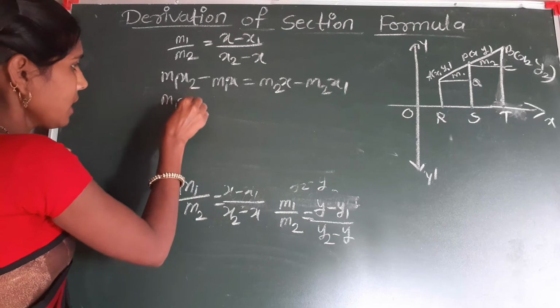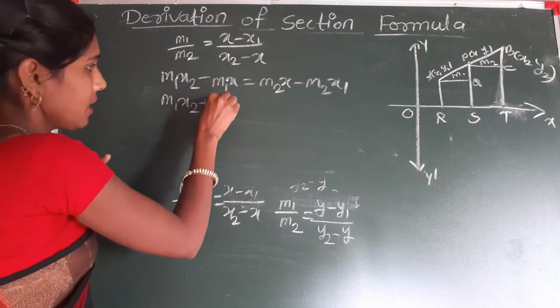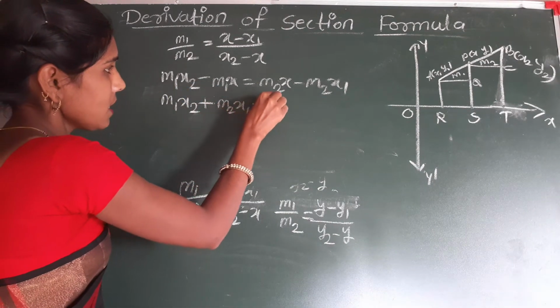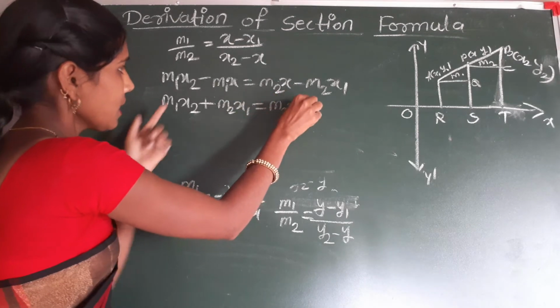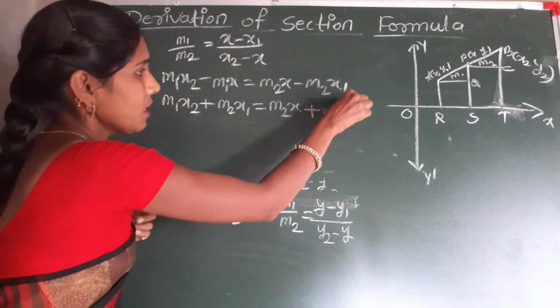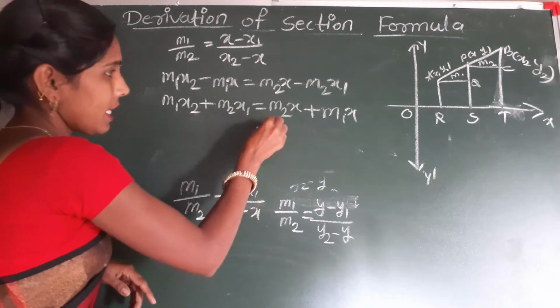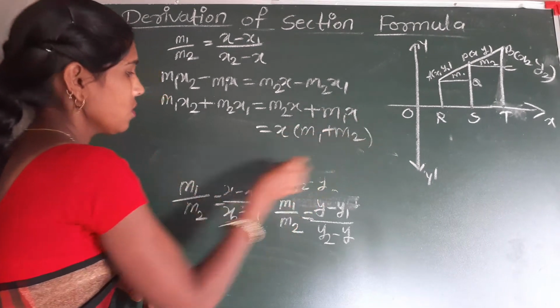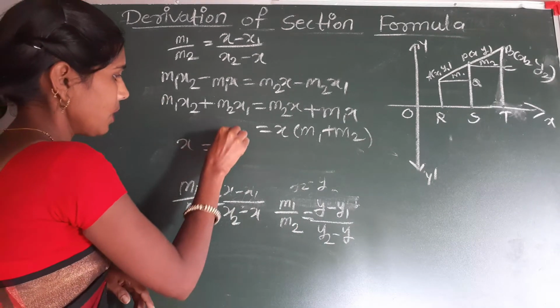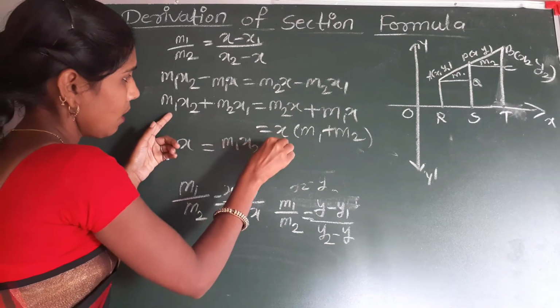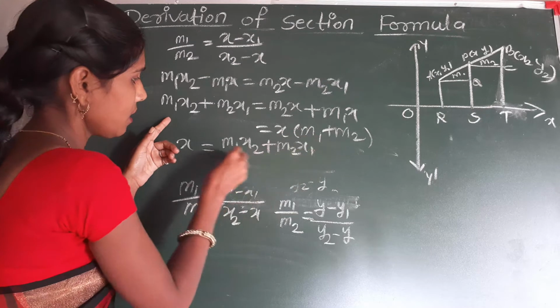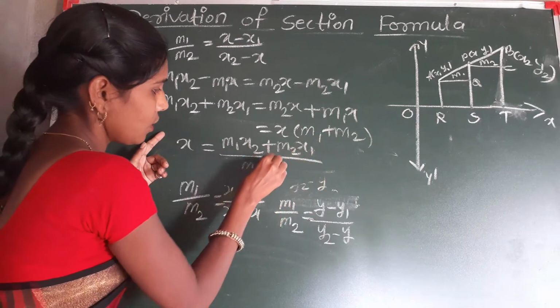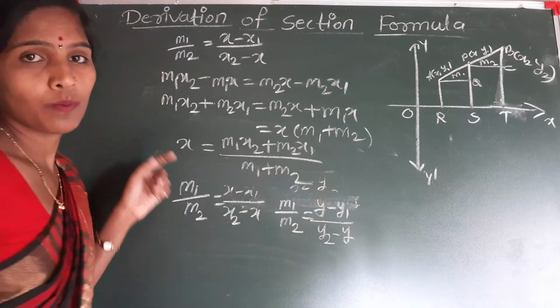So m1x2 plus m2x1 is equal to m2x plus m1x. Here x is common, m1 plus m2. So x is equal to (m1x2 plus m2x1) divided by (m1 plus m2).